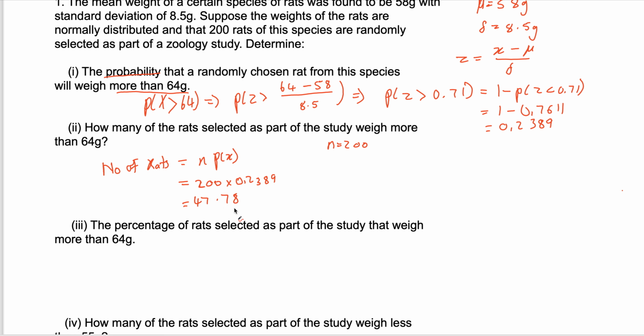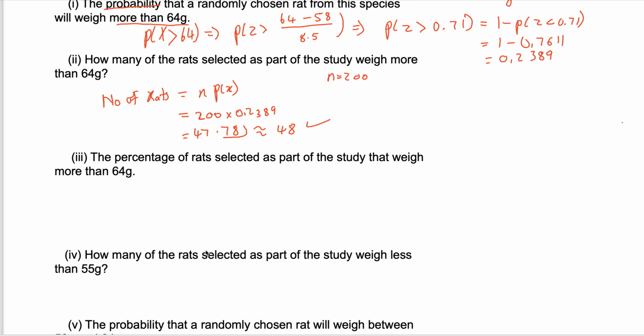Since you can't have a fraction of a rat, this will be nearer to 48. So that's the number of rats selected that weigh more than 64.